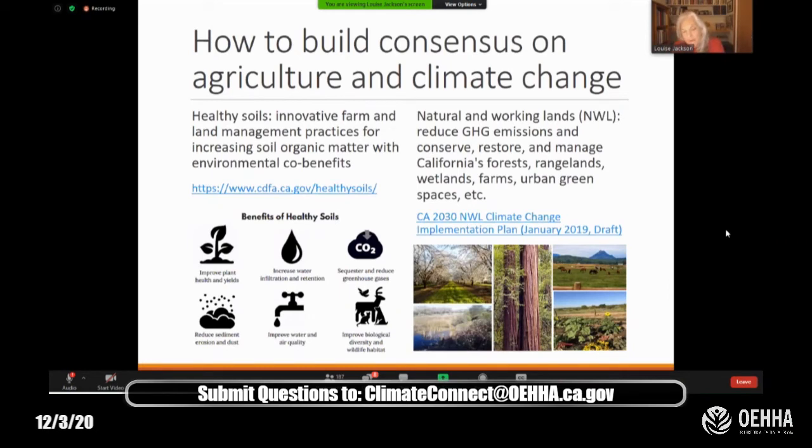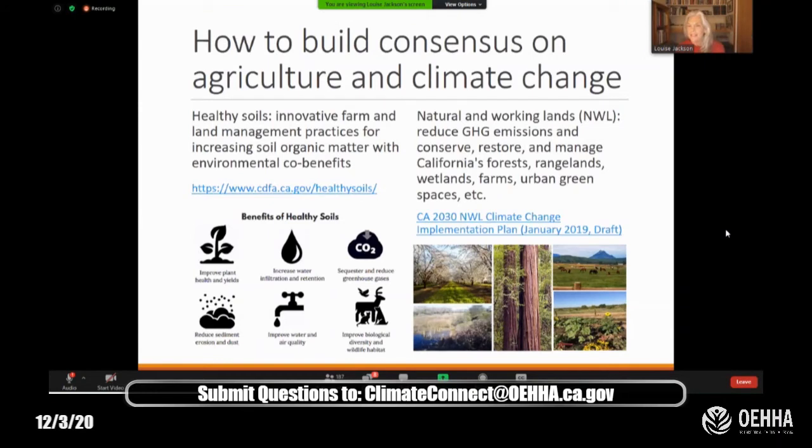But there are other co-benefits, such as reducing sediment erosion that might come from using cover crops, improved water and air quality from greater infiltration capacity, or using hedgerows or buffer strips that not only have environmental consequences for better nutrient absorption, but also for biological diversity and wild habitat. So there's something about combining adaptation and mitigation with a set of environmental benefits that is appealing to stakeholders.